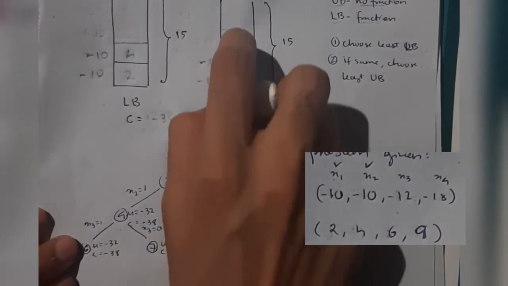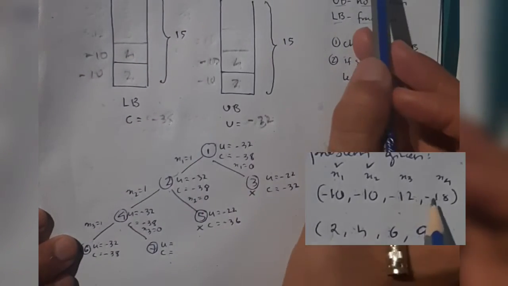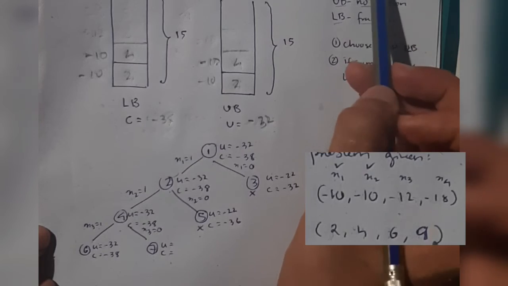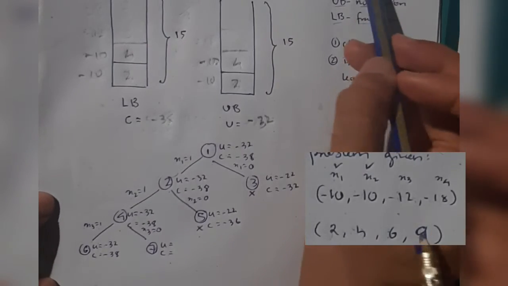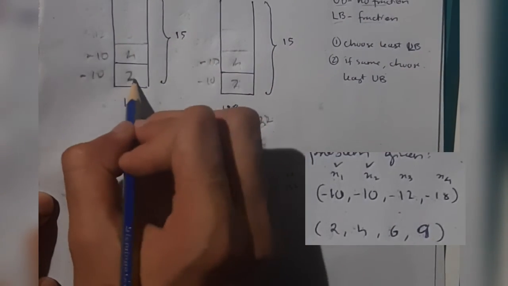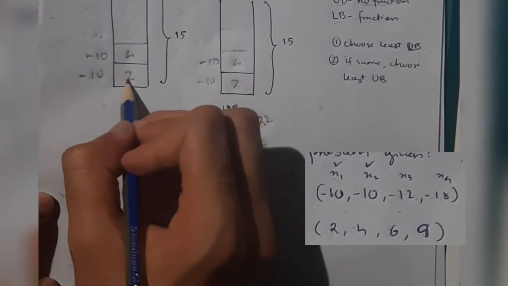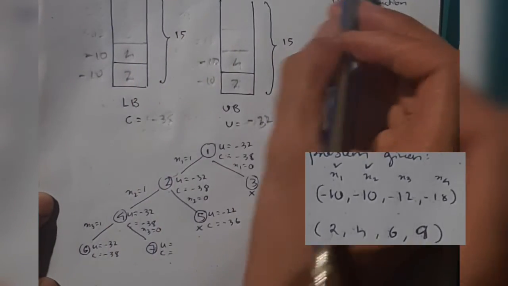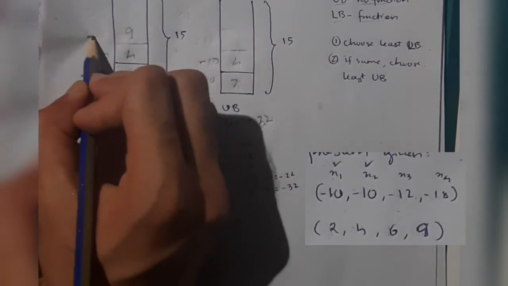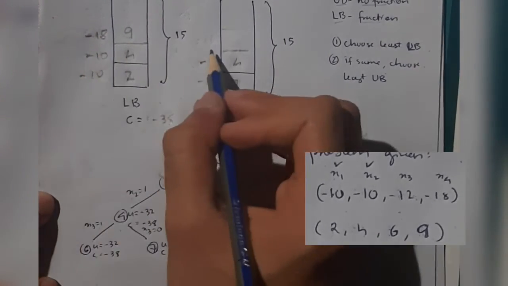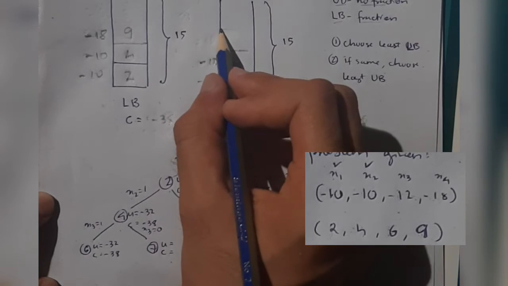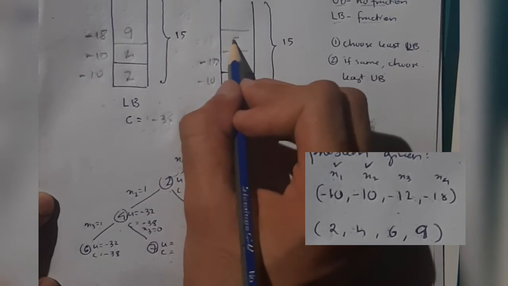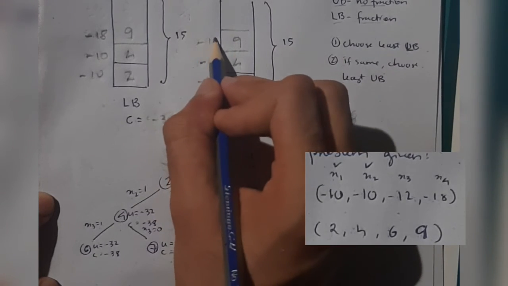Instead of the third object, what we are left with is the fourth object, which is 18 into 9. Here I will be counting the total weight: 4 plus 2, 6. How much is left? 15 minus 6 is 9. Here I have 9. I can directly include 9 here and the profit is minus 18. Here also I can do the same thing because there is space for the whole object, which is 9, and the profit is minus 18.